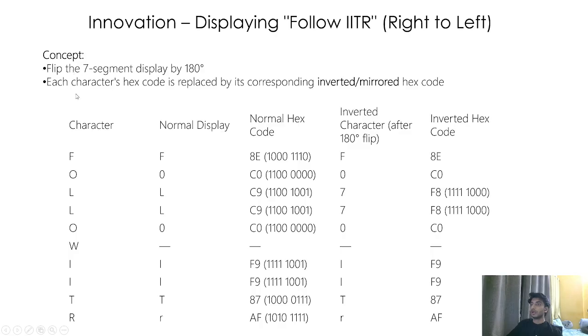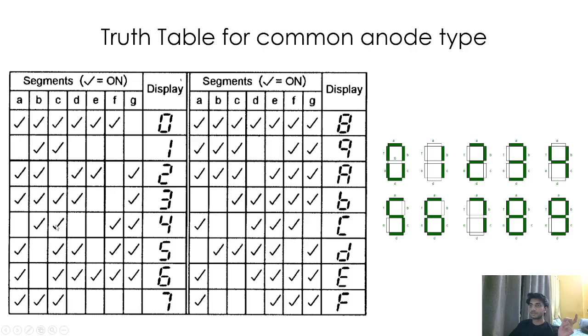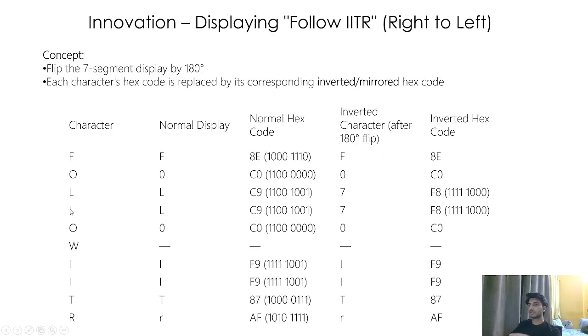So these are the following codes. I have obtained them from the previous table. Let me show it to you. From this table, I have obtained all the things that are required. But we can see from here that we cannot display W. For W, what I've done is simply displayed U. So that's why the code isn't mentioned here.